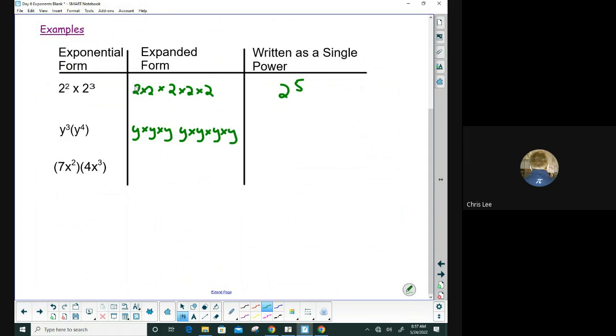And I'm taking those two things and multiplying them together. And this can be expressed as a single power of y to the power of what? How many of them are there? 7. The rule tells us that we can go straight from here to here.